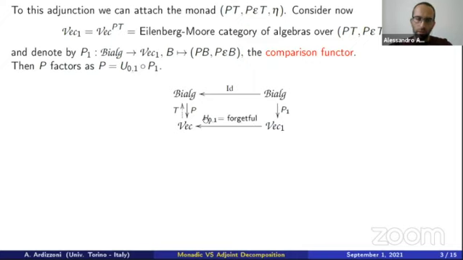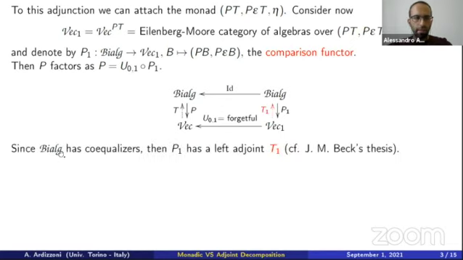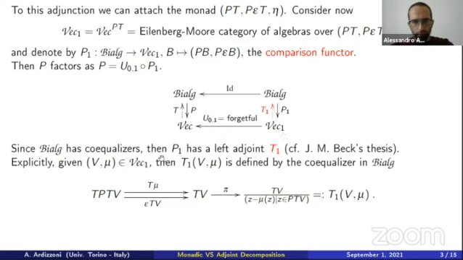I denote here the forgetful functor by U01, thinking of Vec as 0, and here you have Vec1. What happens is that the category of bialgebras has coequalizers, and we know this is enough to construct a left adjoint of the comparison functor. We can give it explicitly. Take an object in the Eilenberg-Moore category, so an object in Vec1.